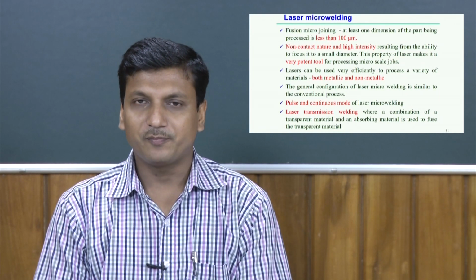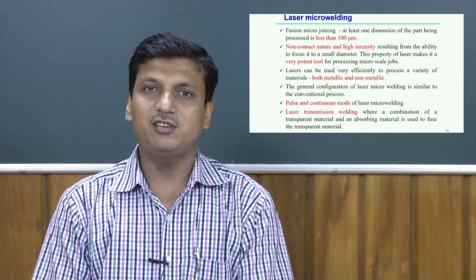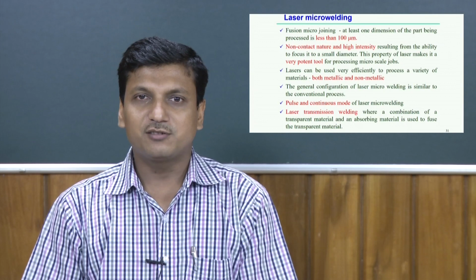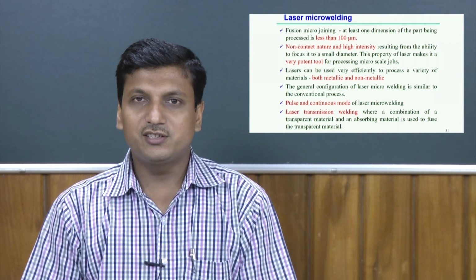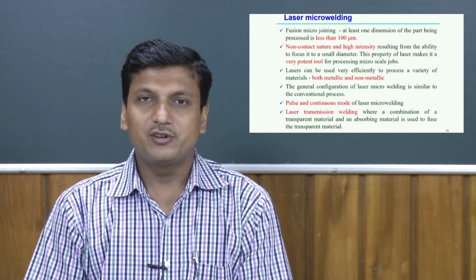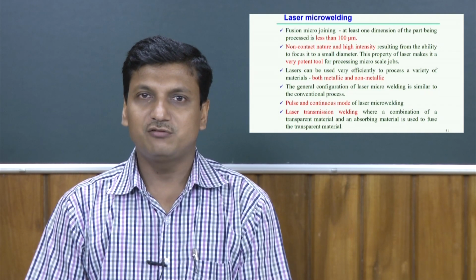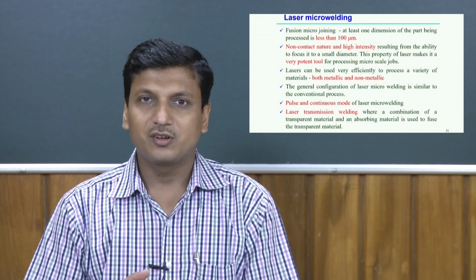So we know that there is a unique advantage of the laser welding process. One thing is that it is non-contact in nature, and high intensity laser is focused into a very small area.